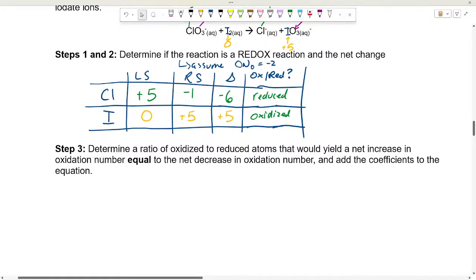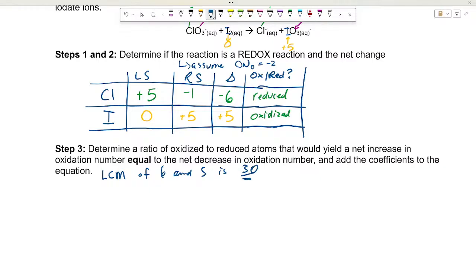So what's the ratio here? This kind of sucks a little bit, right? Where do 6 and 5 meet? 30, right? Is there anything lower than 30? They don't meet at 15, we have to go to 30. So the lowest common multiple of 6 and 5 is 30.